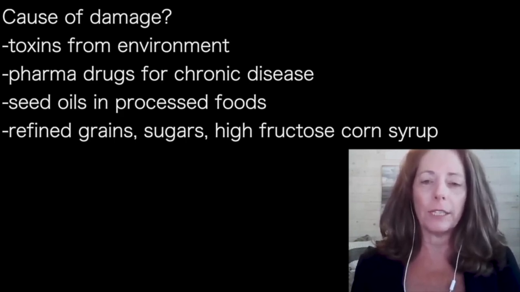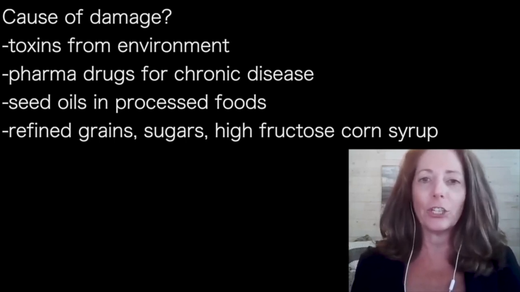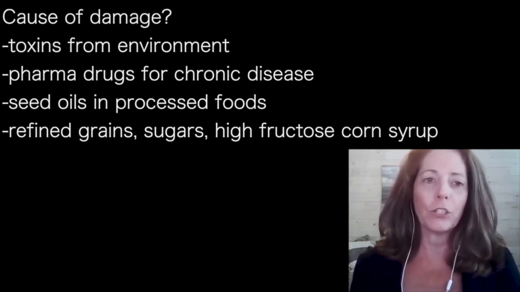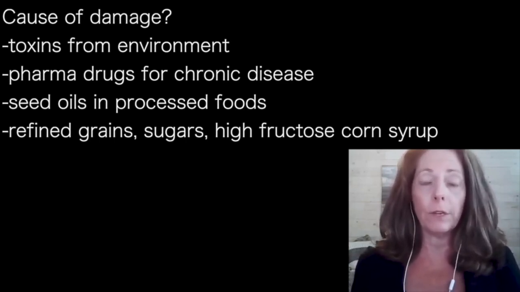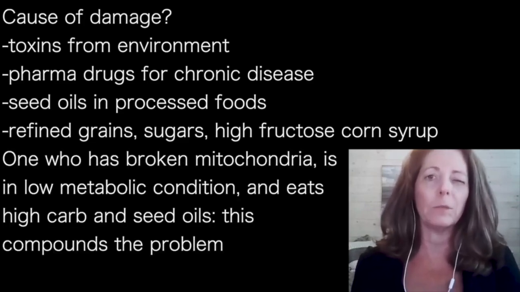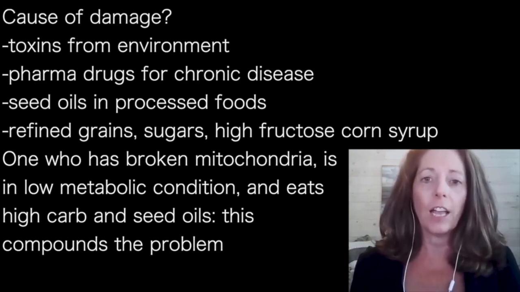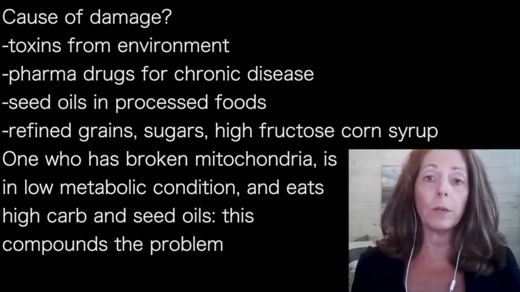We have processed seed oils and highly refined grains and sugars, high fructose corn syrup. We have lots of toxins in our food environment. Somebody who's already starting to have some sluggish metabolism, some broken down mitochondria, if we're constantly in a high carbohydrate, high sugar, high inflammatory fat environment, we're compounding the problem.